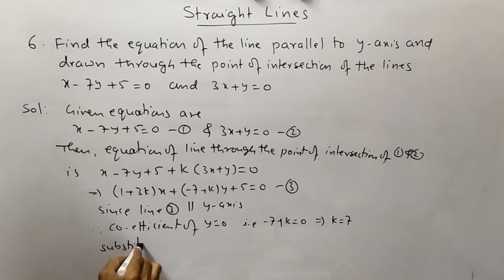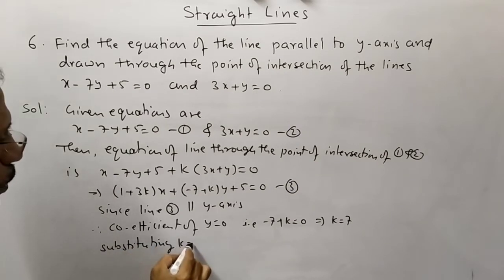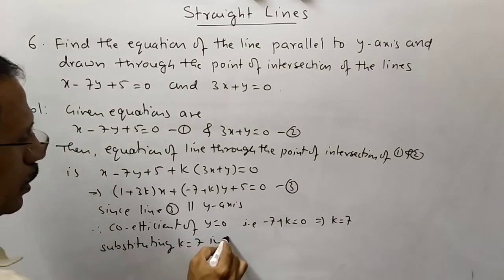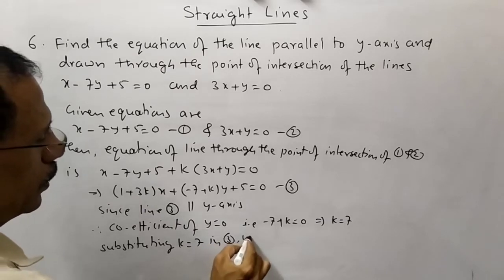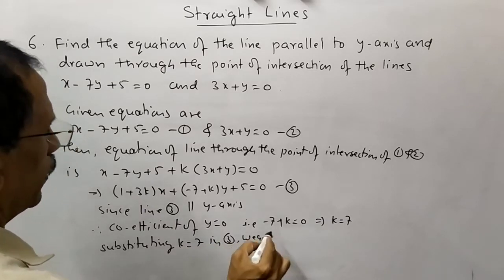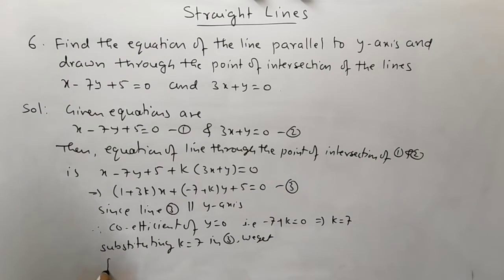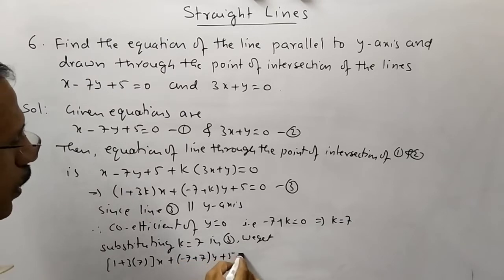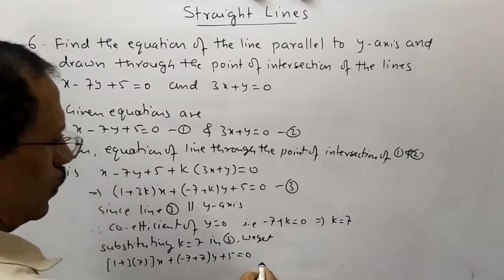Substituting k is equal to 7 in 3, we get 1 plus 3 into 7 into x plus minus 7 plus 7 into y plus 5 is equal to 0.